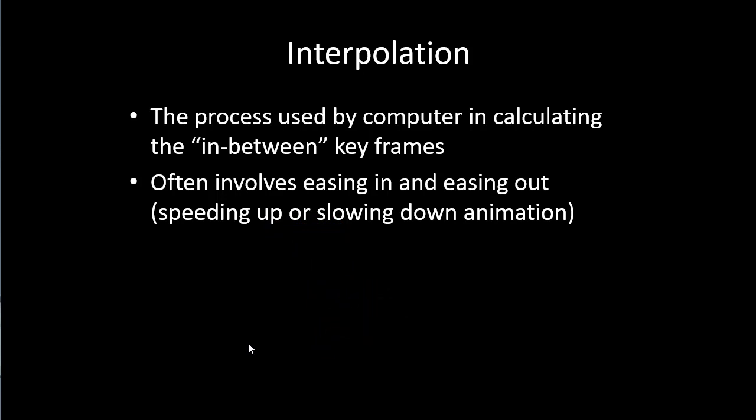So the easing in or speeding up of the ball as it falls down is a change in position, or X and Y coordinates. And each time that the ball hits the imaginary plane, we can see that it compresses, and those are changes in properties. But in between, the computer is doing the interpolation to depict it for the person viewing the animation.